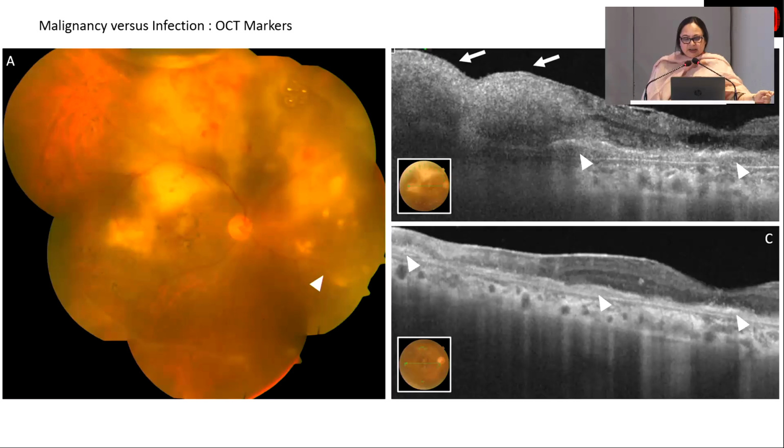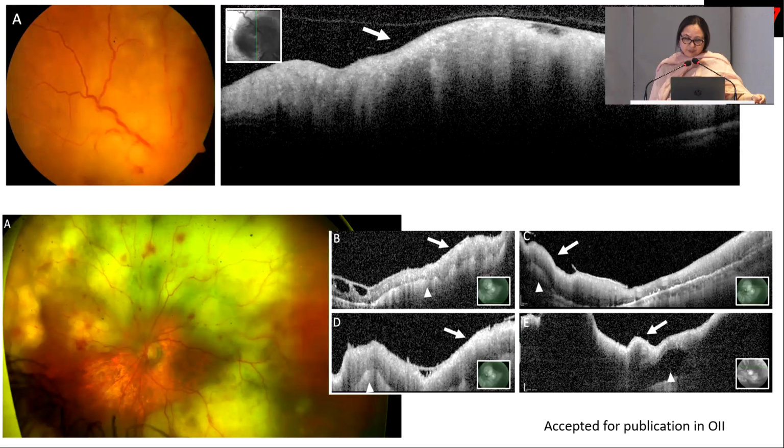So if you get the OCT through this and you see the rounded roof configuration, like the arrowheads are indicating, or you see hyperreflective disorganization of the layer, and most importantly associated with subretinal or sub-RPE infiltrates, this is a very highly important biomarker for a possible malignancy, because sub-RPE infiltrates are something which lymphoma very classically produces.